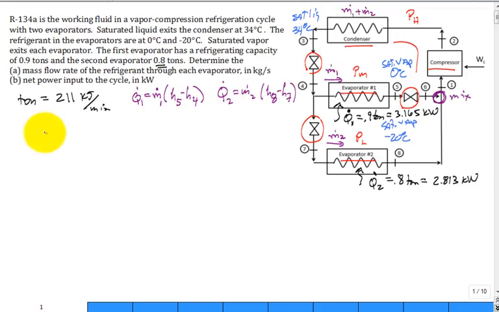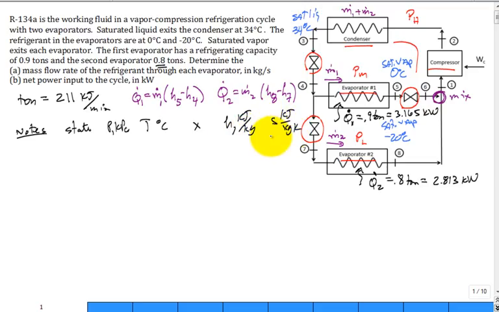We'll set up a table, and we'll say, here are some notes that help me remember how I fixed that state. And then this is the number of the state. And then this will be the pressure in kilopascal of the state, the temperature in degrees C, the quality, the enthalpy in kilojoules per kilogram, and the entropy in kilojoules per kilogram Kelvin of the state.